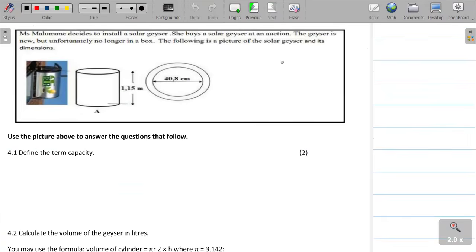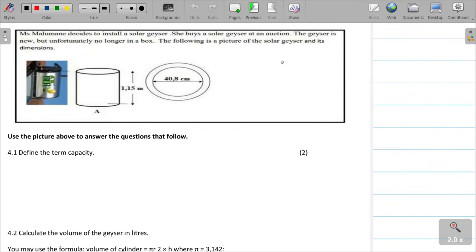Question 4 says, define the term capacity. Capacity is a measurement used to measure the quantity or amount of things an object can carry.